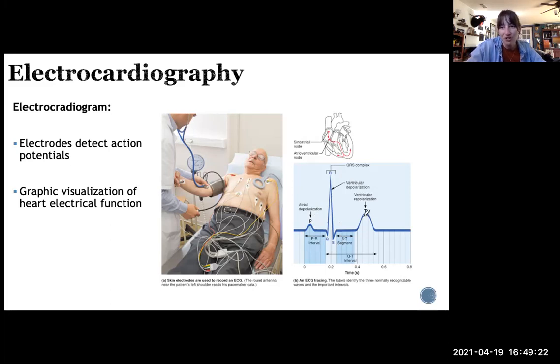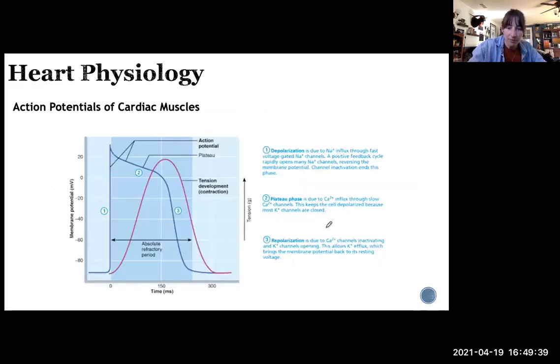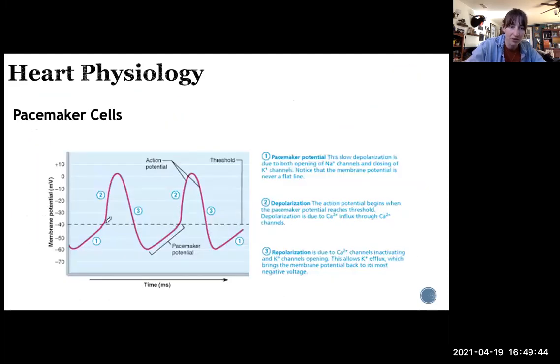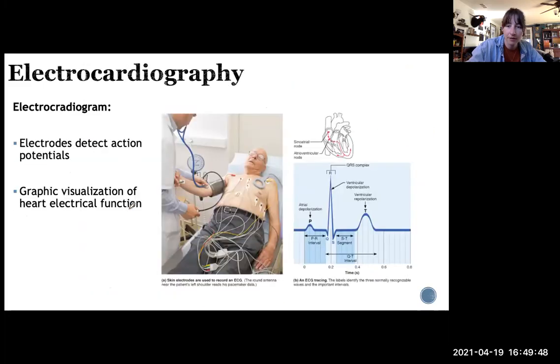PQRST. I'm not sure why they named them that, but the P wave here is going to be your atria depolarizing, which means that's the lub of your lub-dub heartbeat. And then this little pause right here. Okay.